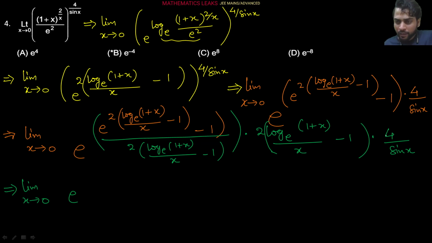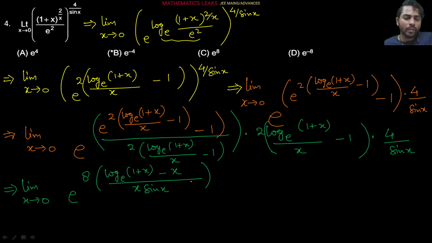Correct. And this one part we are going to simplify. So 4 into 2 is 8, and for this one quantity we just take the LCM, which is nothing but log base e of (1 plus x) minus x upon x sin x.